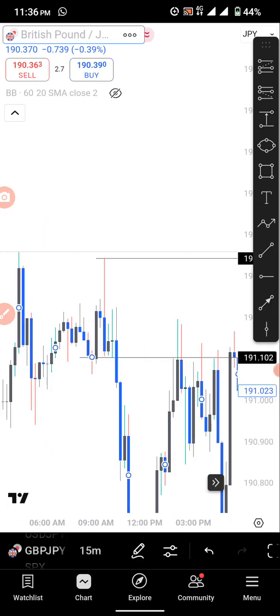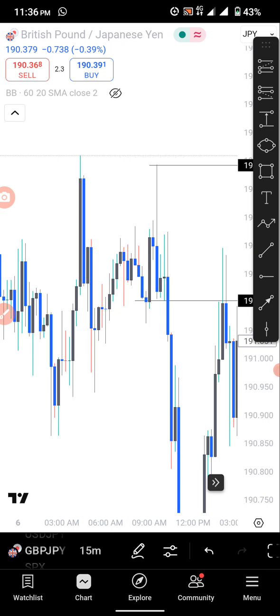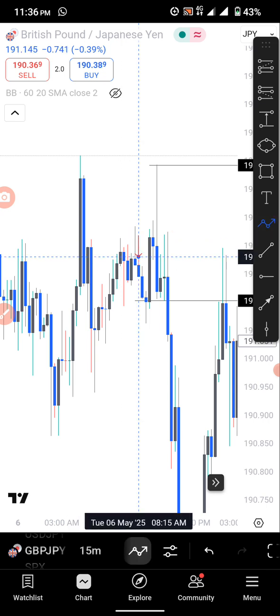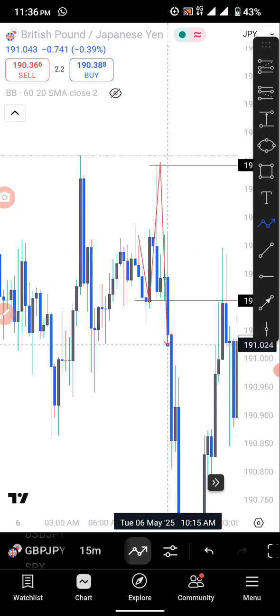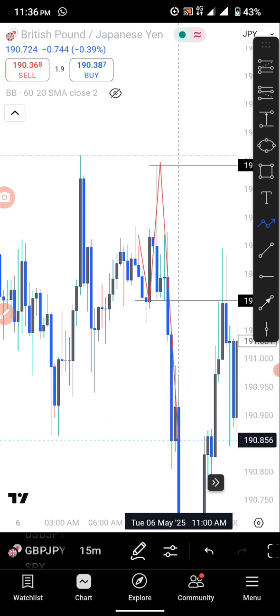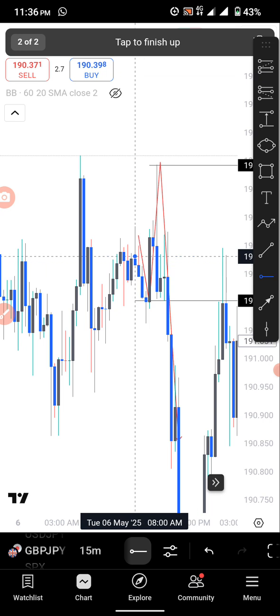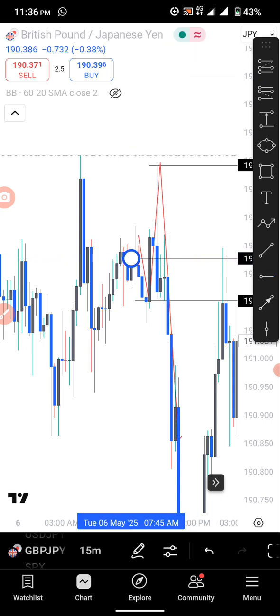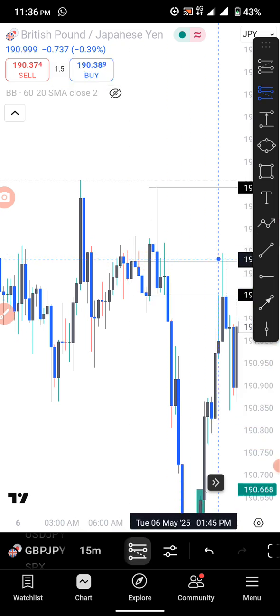Let us scale down to M15. Yes, I see the shift is there. Are you seeing the shift also? We had this low, we had this high, this extreme high, and we shifted below. So what are we supposed to do? Mark liquidity in those areas of M15, meaning we are supposed to sell from that liquidity area.